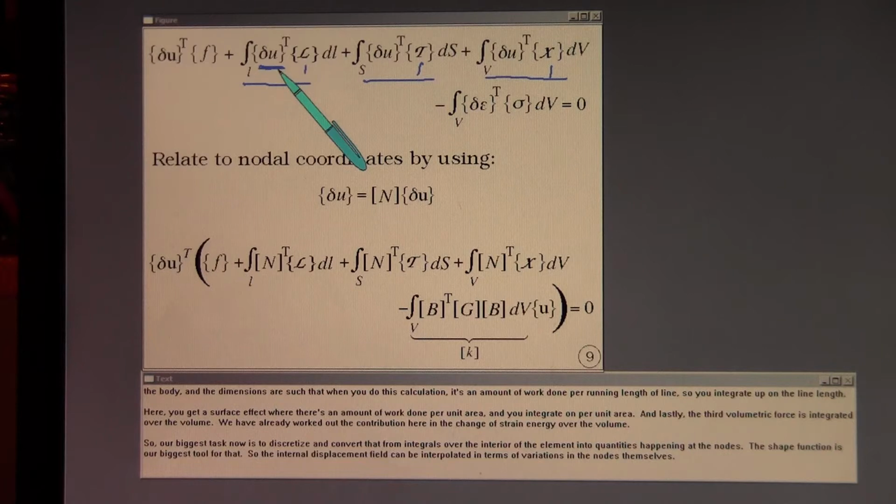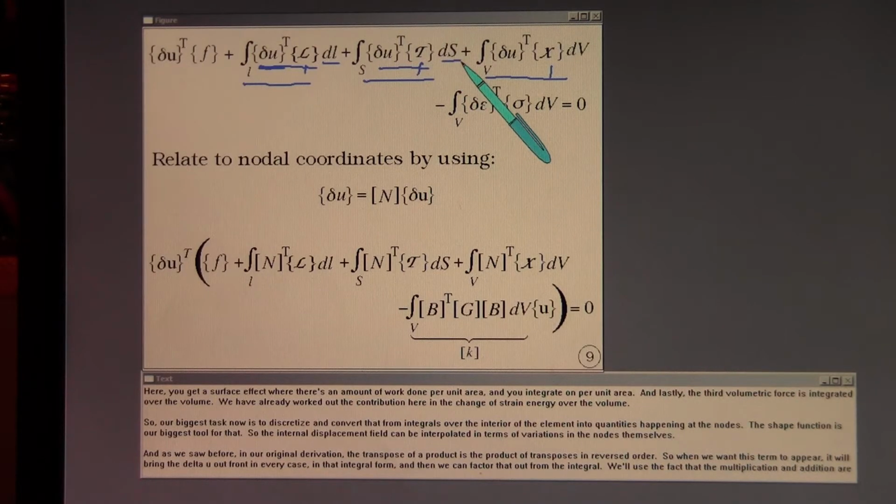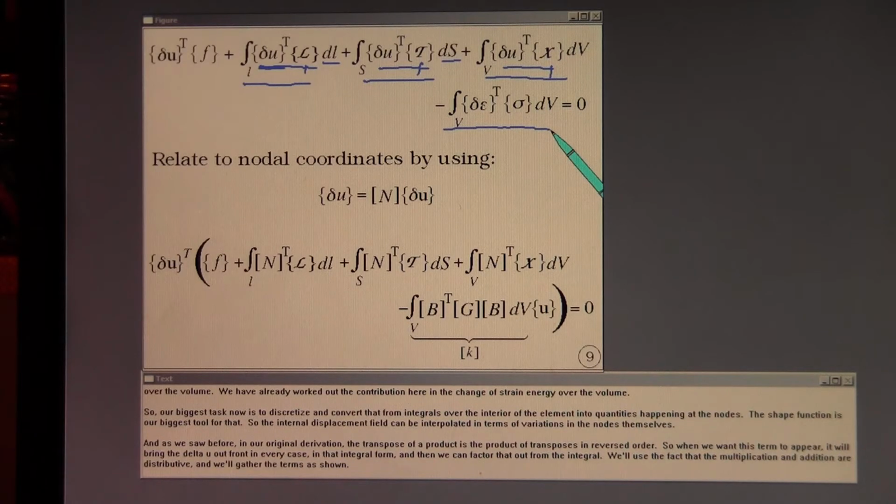And the dimensions are such that when you do this calculation, it's an amount of work done per running length of line. So you integrate up on the line length. Here you get a surface effect where there's an amount of work done per unit area, and you integrate per unit area. And lastly, the third volumetric force is integrated over the volume. We have already worked out the contribution here in the change of strain energy over the volume.